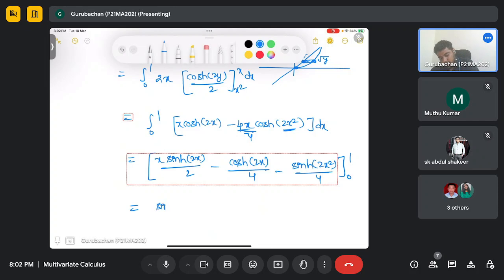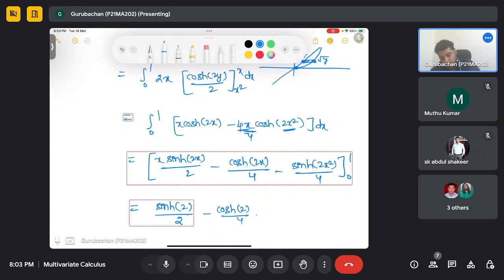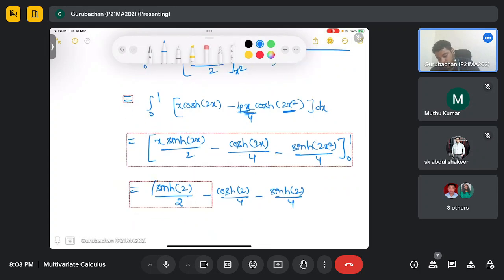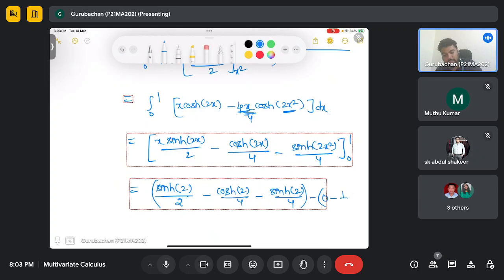So sine hyperbolic 2 divided by 2 minus cos hyperbolic 2 divided by 4 minus sine hyperbolic 2 divided by 4. Now we will put 0. This will be 0. Cos hyperbolic 0 will be 1, that is, then it will be 1 by 4. And sine hyperbolic 0 is 0.